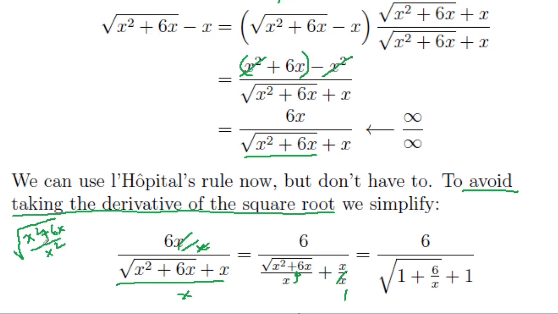And that simplifies. I split this. x squared over x squared is 1. And 6x over x squared is just 6 over x. So we end up with this expression.